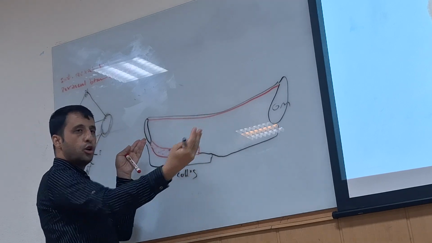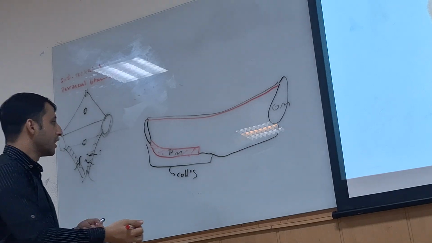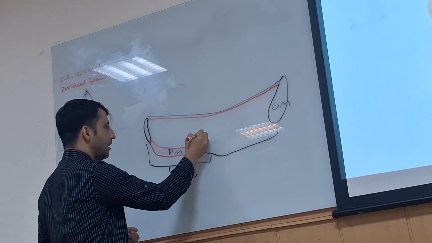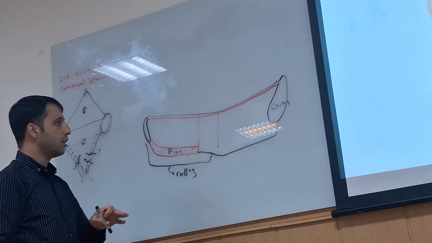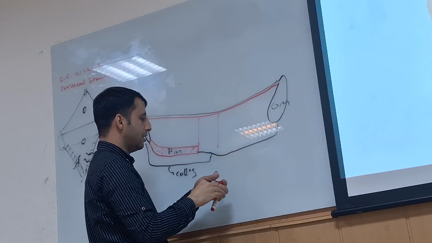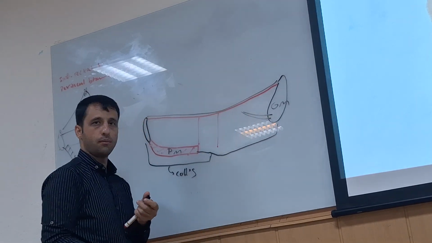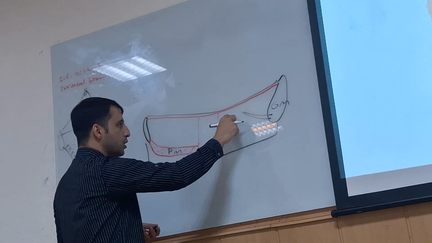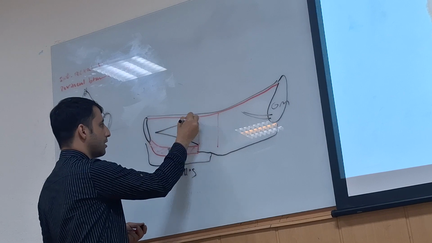So I want to show you the recesses of the ischioanal fossa. The ischioanal fossa has a main part, okay? This is the main part. This is the posterior recess, and at this level I have the sacrotuberous ligament. Okay? This is the posterior recess and this is the anterior recess.